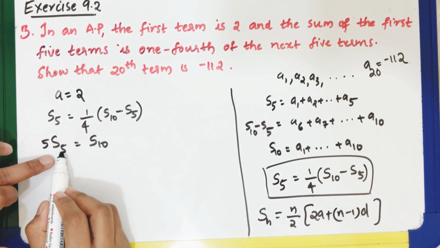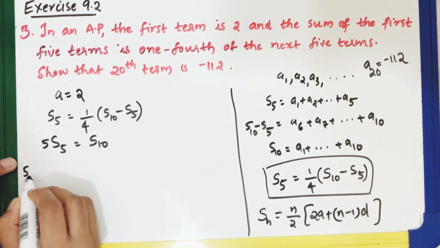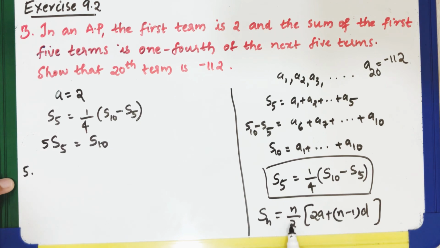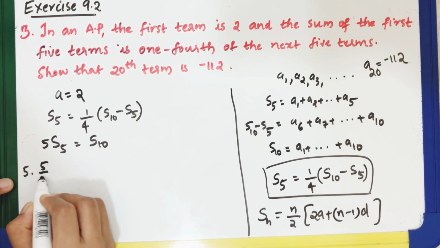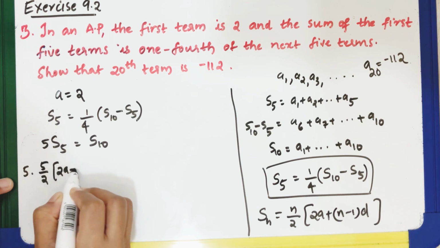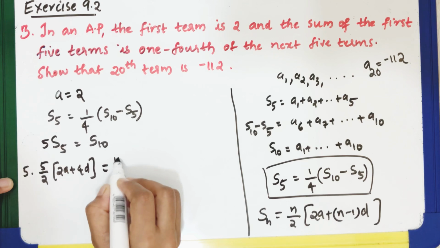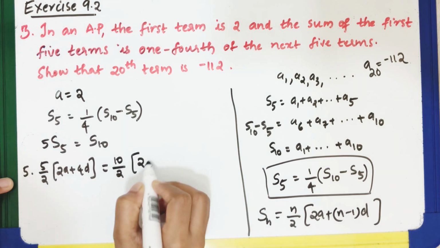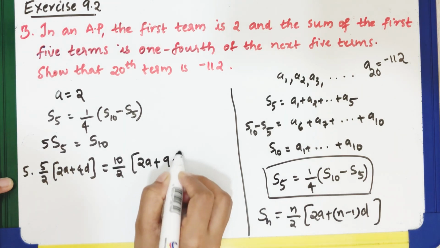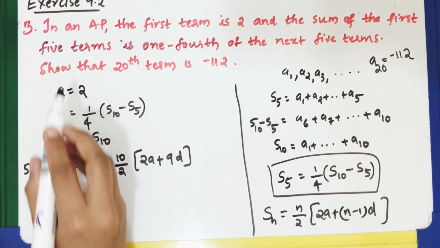Now substitute for Sn. 5 into S5 is equal to 5 by 2 into (2a plus 4d), and S10 is equal to 10 by 2 into (2a plus 9d). A is equal to 2.